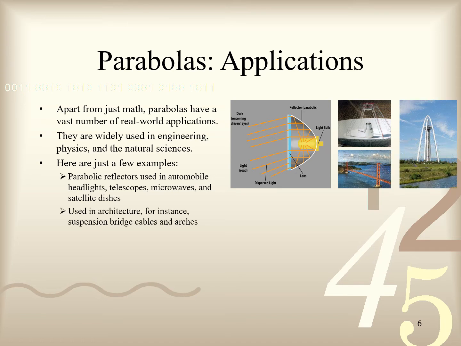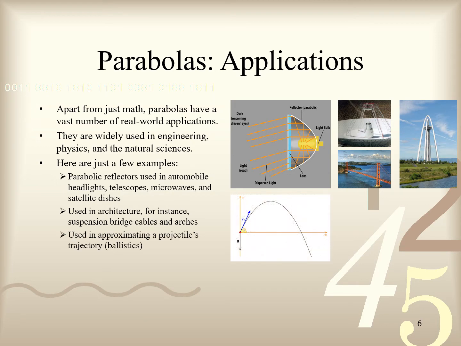Parabolas are also used in architecture, for instance, in suspension bridge cables as in San Francisco's Golden Gate Bridge, and in arches such as those in Japan's Twin Arch 138. In ballistics, parabolas are used in approximating a projectile's trajectory.